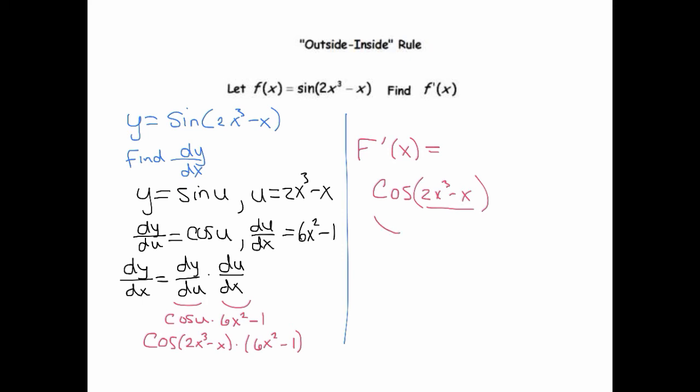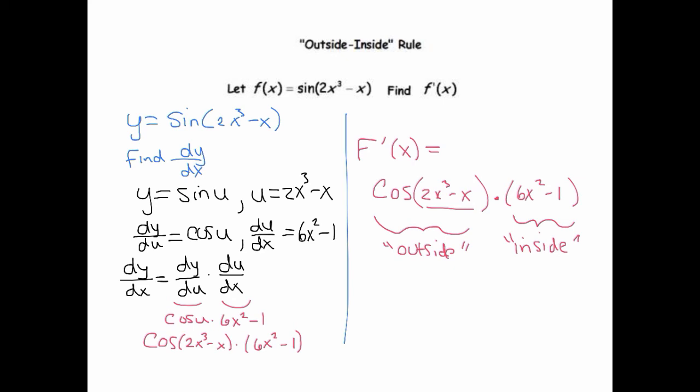Right, so I want to view this as taking the derivative of the outside function, but then I'm going to multiply by the derivative of the inside, which is the derivative of 2x cubed minus x, which is 6x squared minus 1. That's the derivative of the inside.